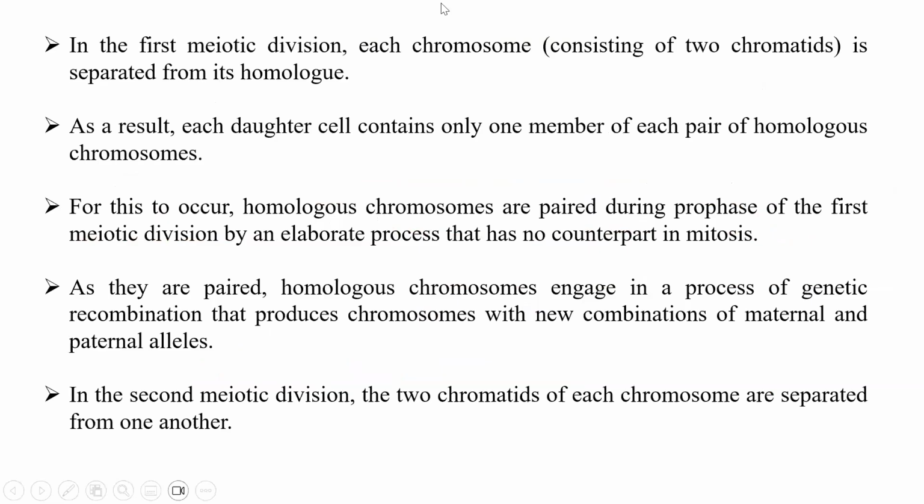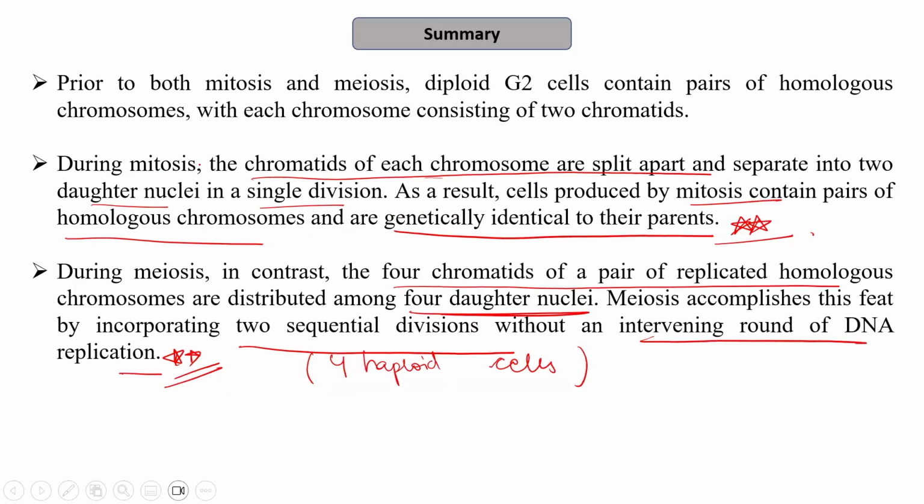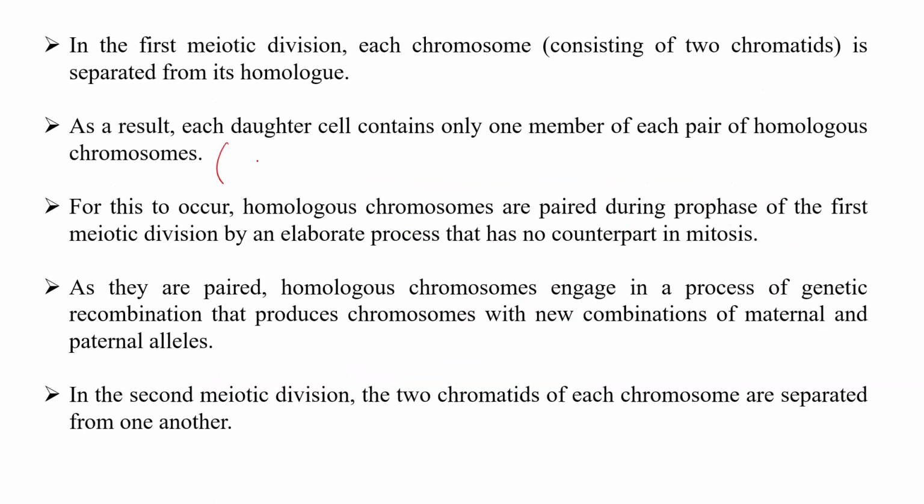So there is a separation of the homologous chromosomes in the first division. As a result, the daughter cells formed in the first meiotic division contain only one member of each pair of homologous chromosomes, right? So there is a separation of only the homologous chromosomes.